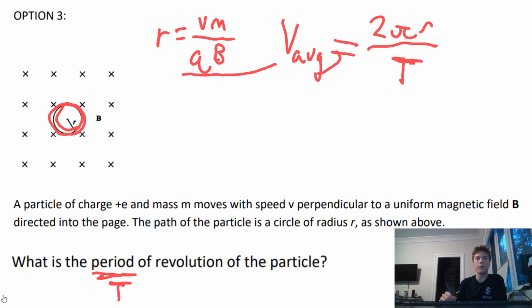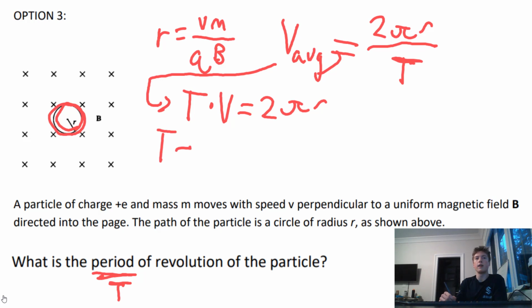T times v is equal to 2 pi r. We can then divide v from both sides, and we get T is equal to 2 pi r divided by v. We can see that we actually have r that we solved for from the previous step. We can then substitute this for the r variable here.